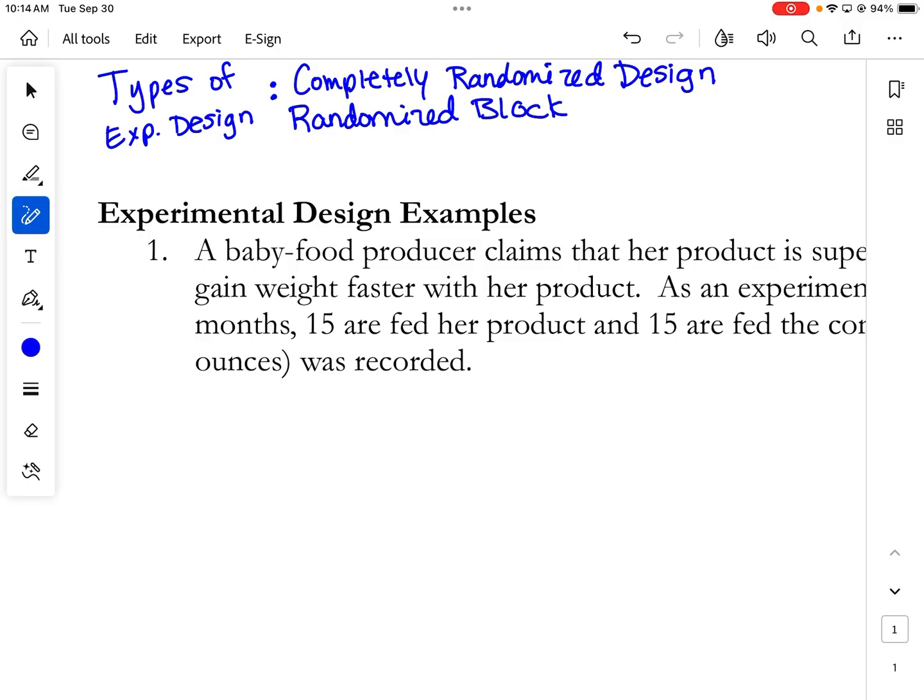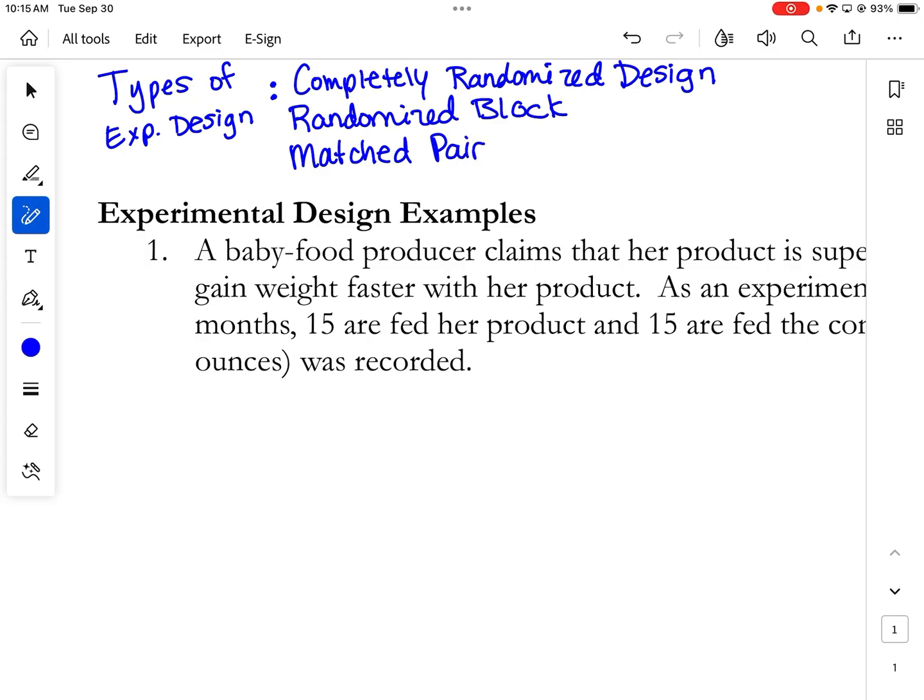That's when you have two different sets of groups. Like you could do it by age, by gender, by grade level. You could block it any way you need in order to get rid of some confounding variables.